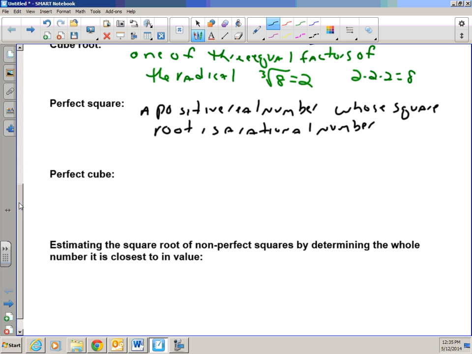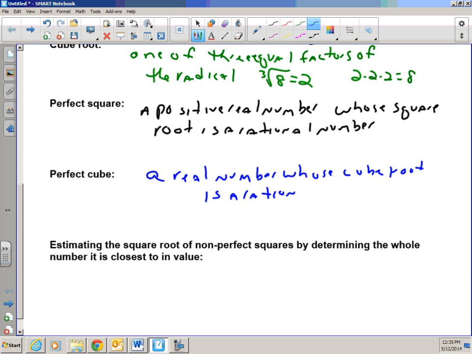And a perfect cube is a real number whose cube root is a rational number. You'll notice that we don't limit it to just positive numbers, and you're going to see that in a couple of minutes.